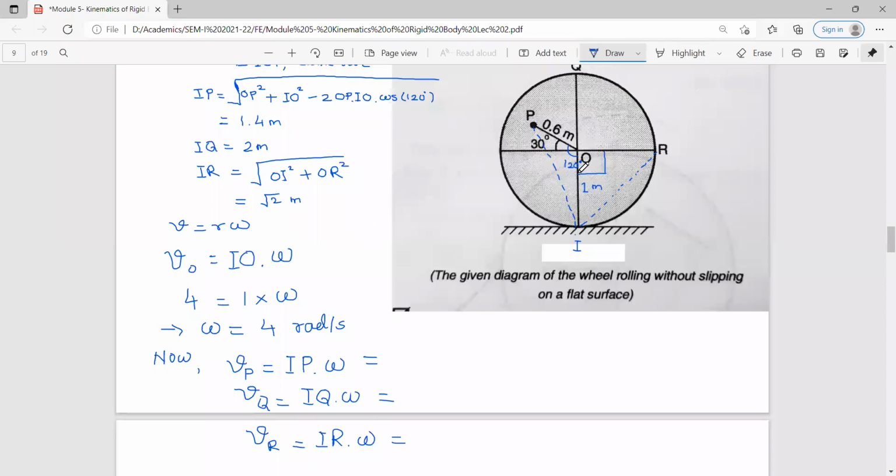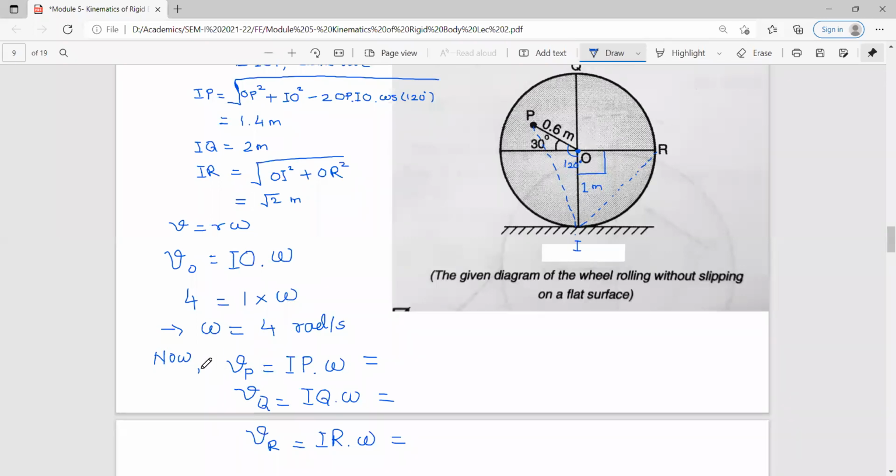So this distance between the point and the center of rotation is called the radius, right? Are you understanding? Yes, sir, understood. Okay.